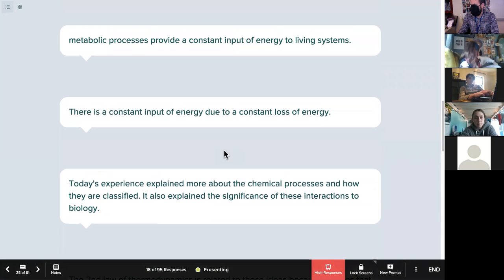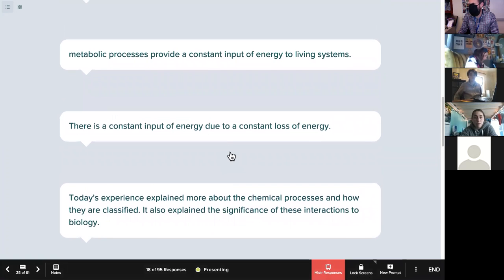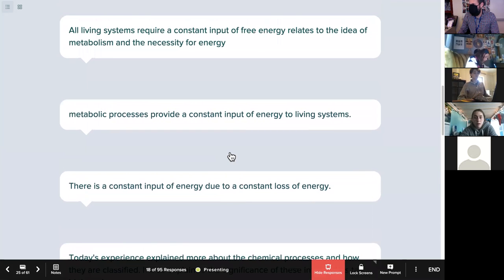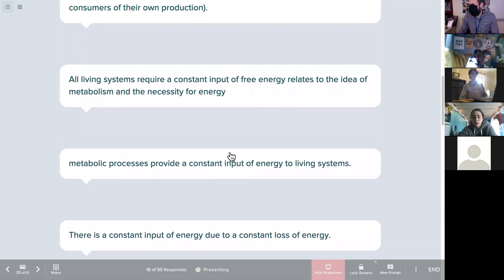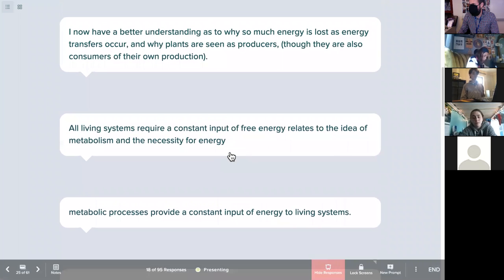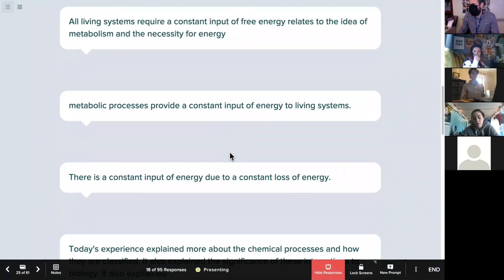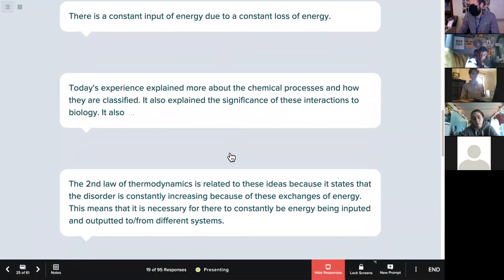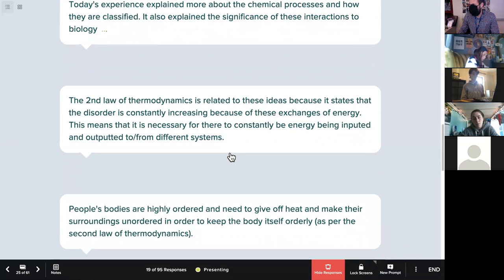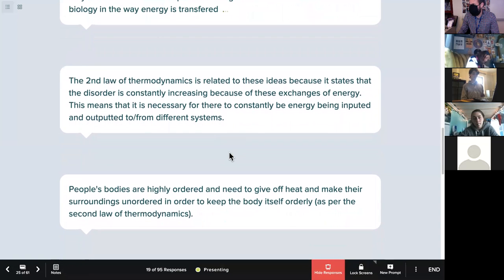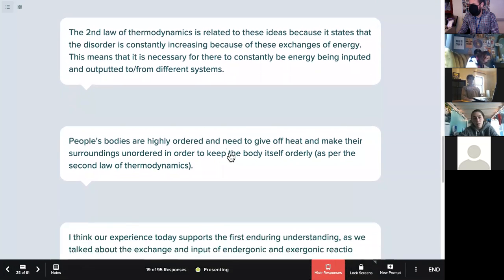Ooh, I love that. There is a constant input of energy due to a constant loss of energy. Beautiful. Yes, the second law, the requirements of the second law are met due to the transfer of energy.